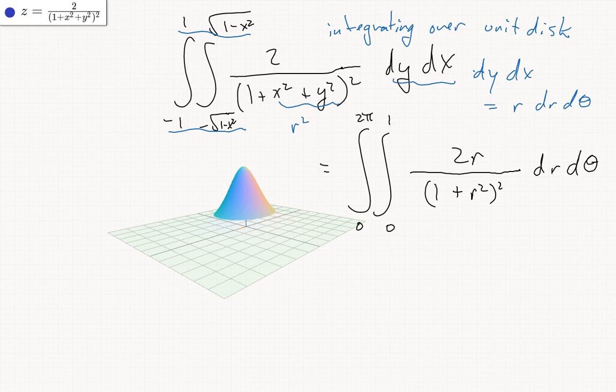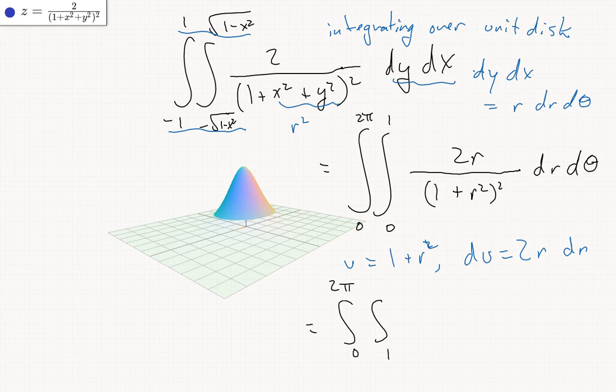Okay, so to then integrate this, we'll substitute u equals 1 plus r squared. So du is 2r dr. So our integral becomes 0 to 2 pi integral.